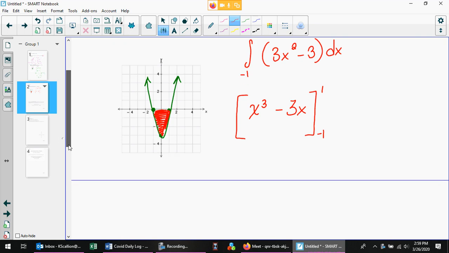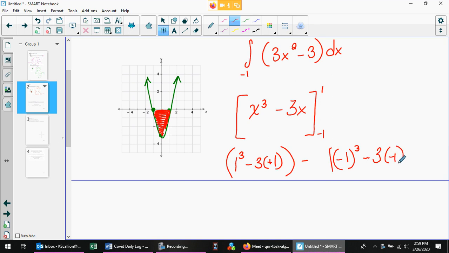So I'm going to have 1 cubed minus 3 times +1, minus -1 cubed minus 3 times -1. So I'm going to have -2, no, that's a minus, sorry.